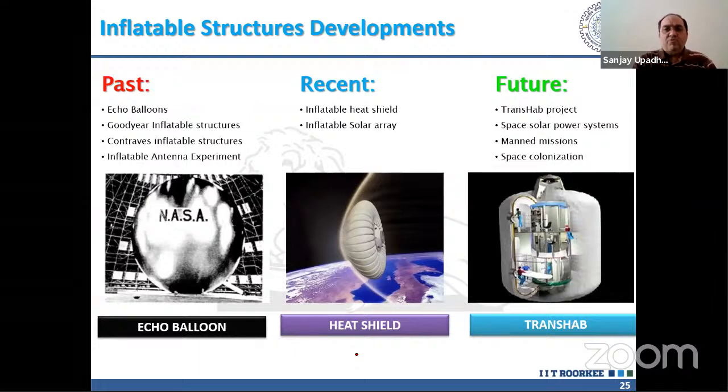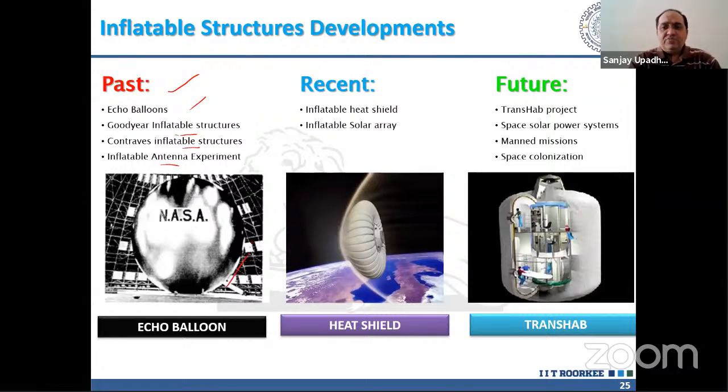Some literature I have found on inflatable structures development in the past: Echo balloons, Goodyear inflatable structures, controversial inflatable structures, inflatable antenna experiment. In NASA, people have tried in the past.